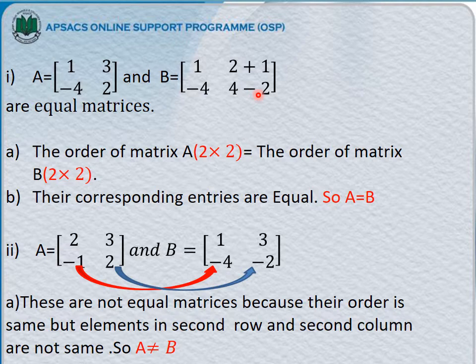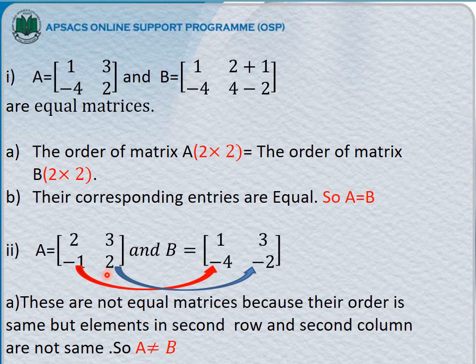Now we will check the second condition, the corresponding entries. 1 equals 1, 3 equals 2 plus 1, which is also 3, so the second elements are also the same. Here the third element is -4, and it is also -4, and the fourth element is 2, and 4 minus 2 is also 2. So the corresponding entries are also the same.